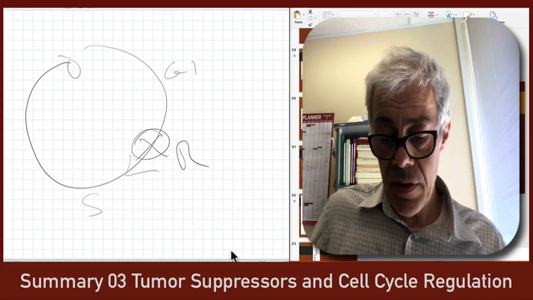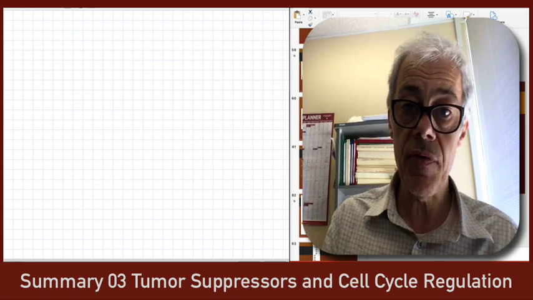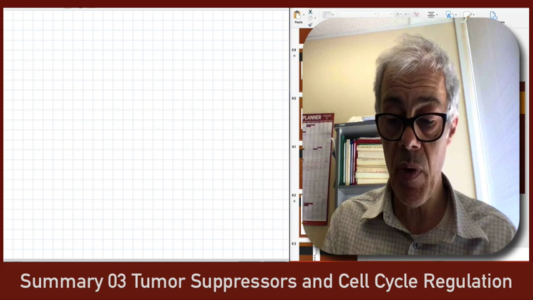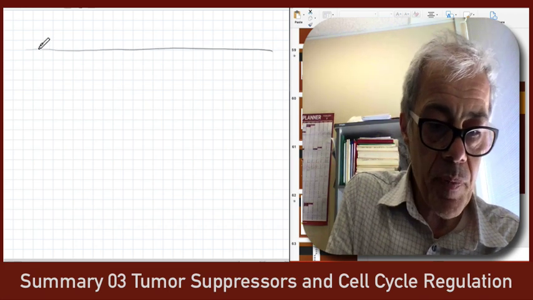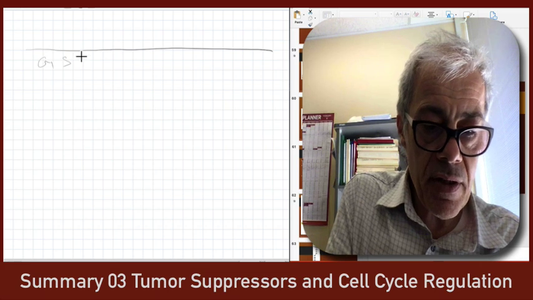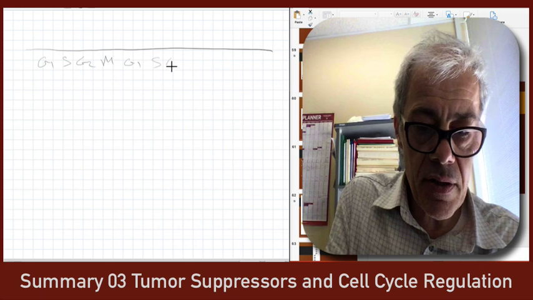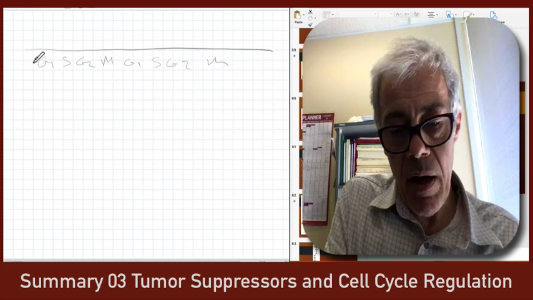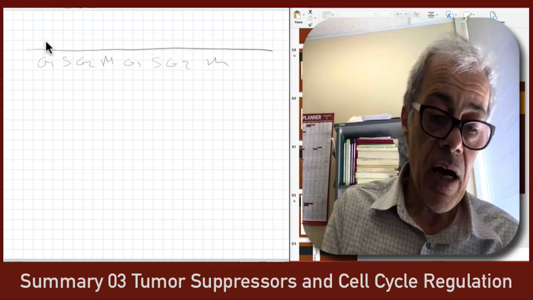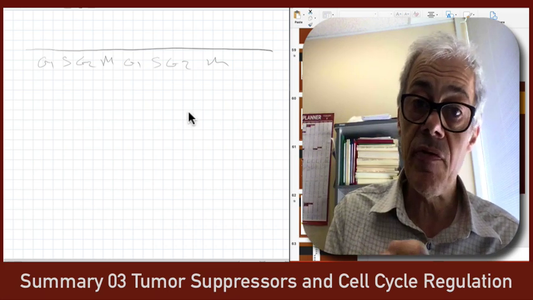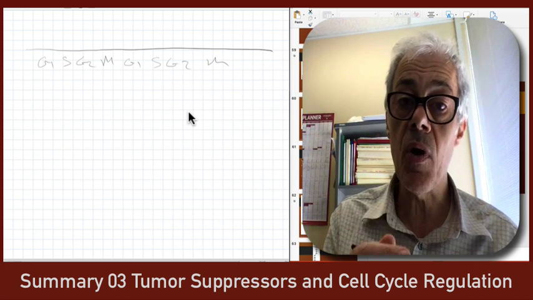All right, so if you look at cells in a continuous culture, or if you are able to synchronize cells some way, and you looked at these phases of G1, S, G2, M, G1, S, G2, M, then you can take cell aliquots at various points in time and look at gene expression, at what's expressed.